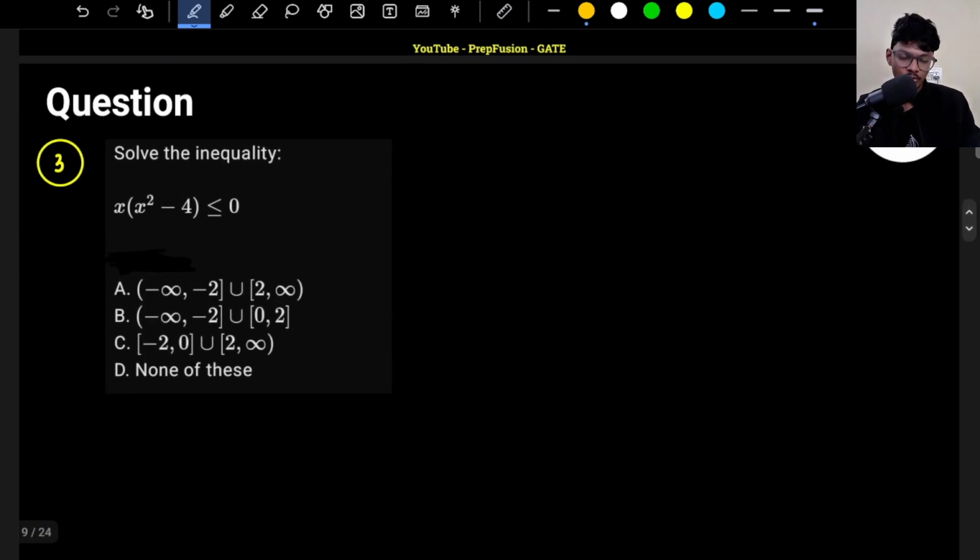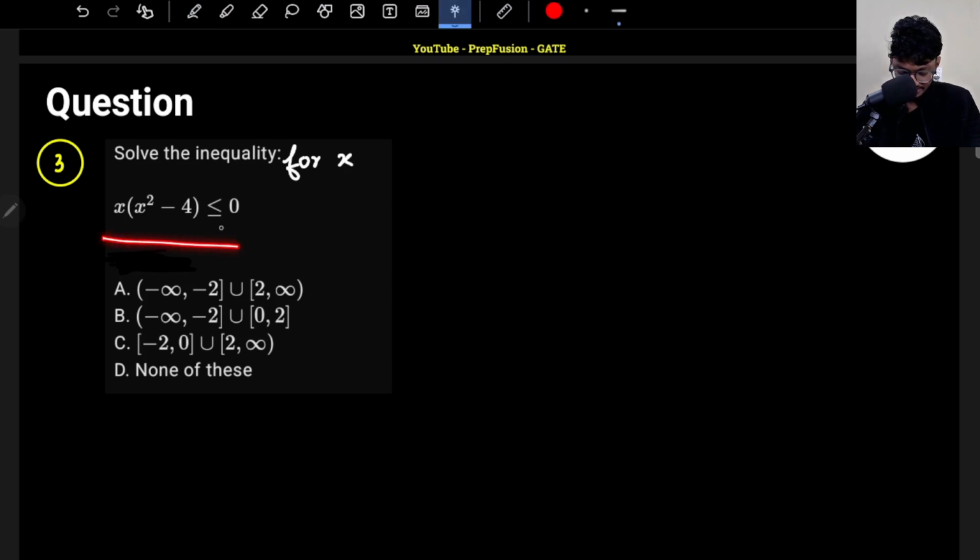Now let's solve a few more examples, so we will brush up on this concept. Let's solve this inequality for x. We have x into x square minus 4 less than or equal to 0. Now you don't know the critical points exactly, because I cannot directly say for what values of x it will go to 0.